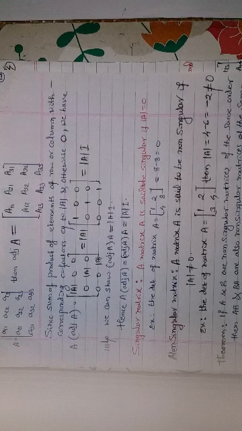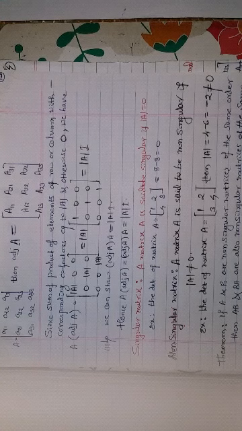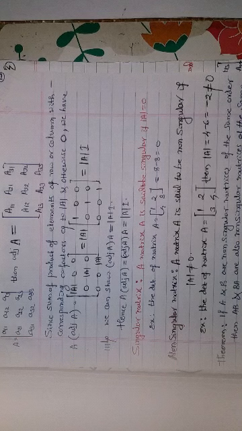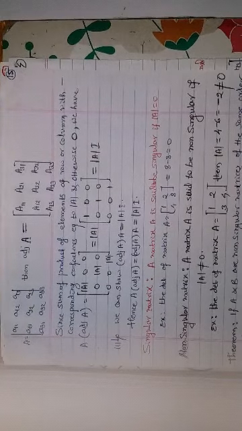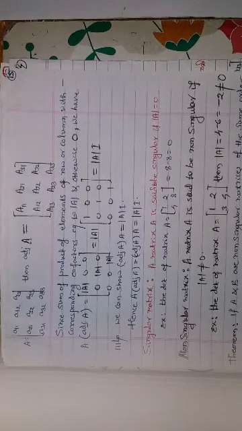What the theorem states is that if A be any given square matrix of order n, then A into adjoint A is equals to adjoint A into A, that's equals to determinant of A into I, where I is the identity matrix of order n. It can be verified by using A.